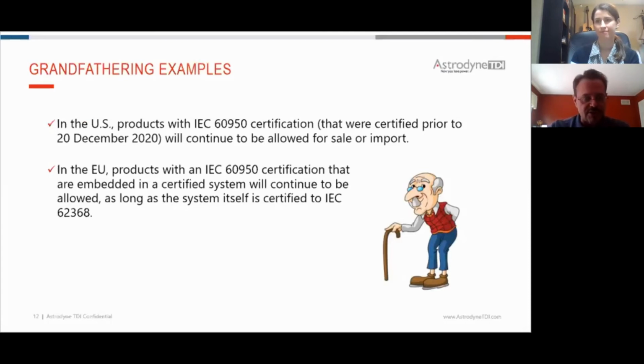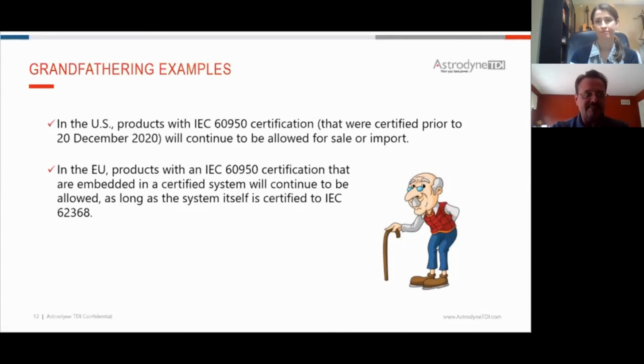In the European Union, they're a little more rigid, right? They want all new products shipping with the 62368 certification. But there is an exception: if the 60950 certified product is being used in a system, as long as that system is certified to 62368, and it may be able to with a 60950 component in it, then you can still ship the product for use in that system.